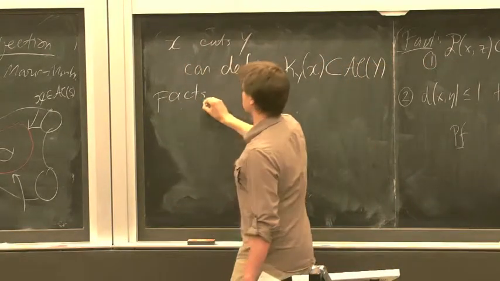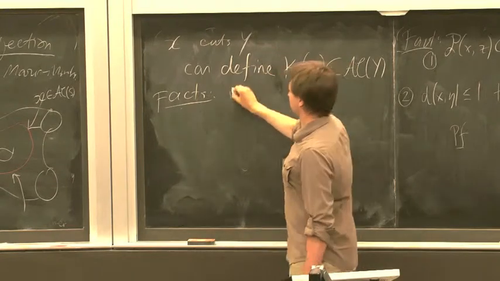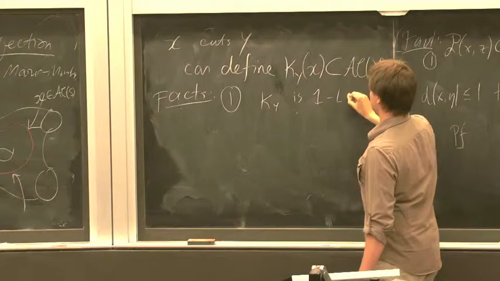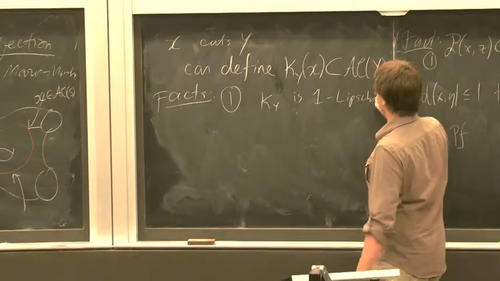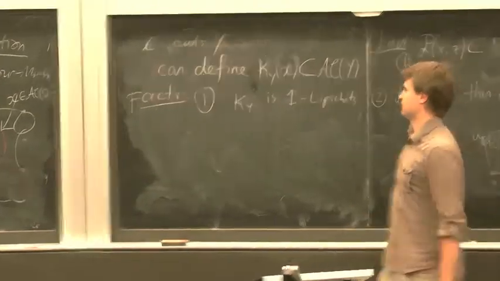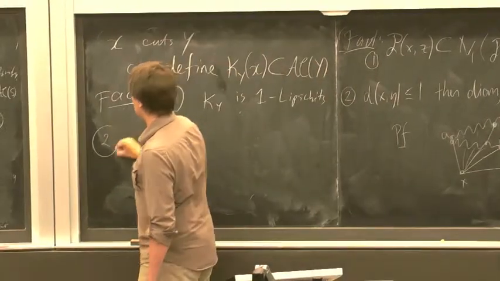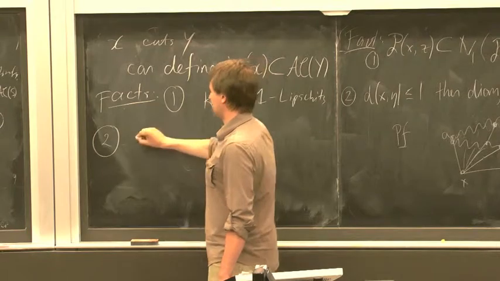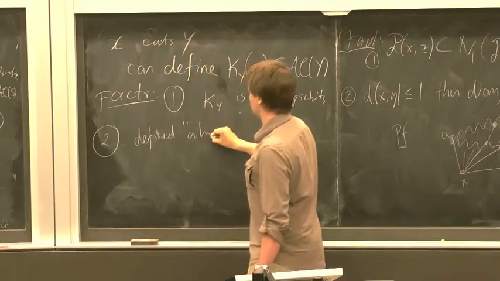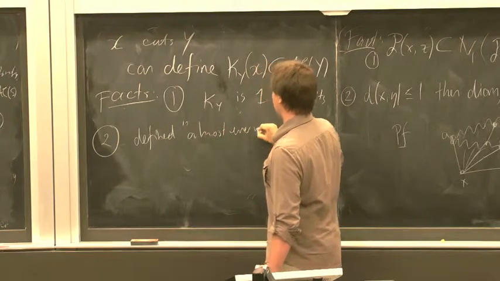So here are some facts about kappa Y. First fact is kappa Y is 1-Lipschitz, so it sends paths to paths. Number 2, it's defined almost everywhere.